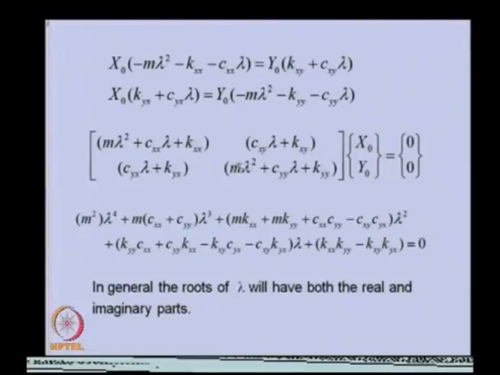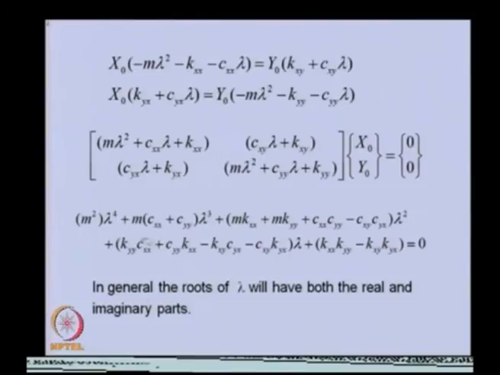So, if we set the determinant of this matrix to 0, we will get a fourth degree polynomial in terms of lambda, and the polynomial will have this form. Each and every term of lambda will have some coefficients, and these coefficients basically will help us in finding out the stability of the system.